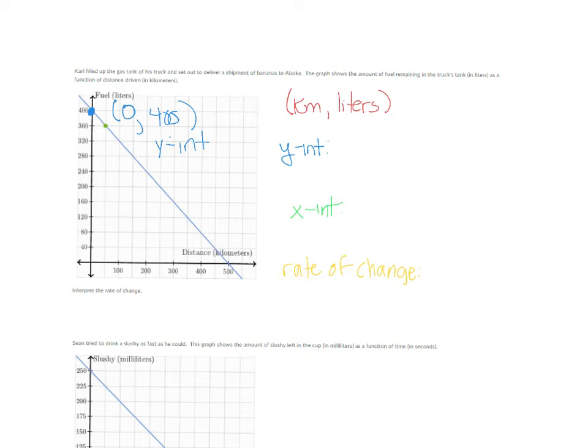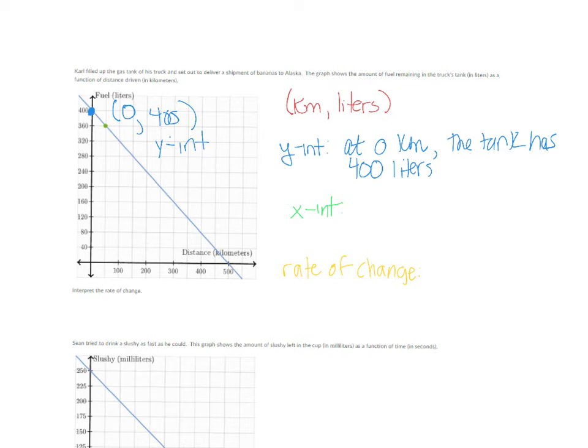So it starts with 400 liters when they start measuring the distance. So at 0 kilometers, the tank has 400 liters. So it's the starting value of the gas in the tank.